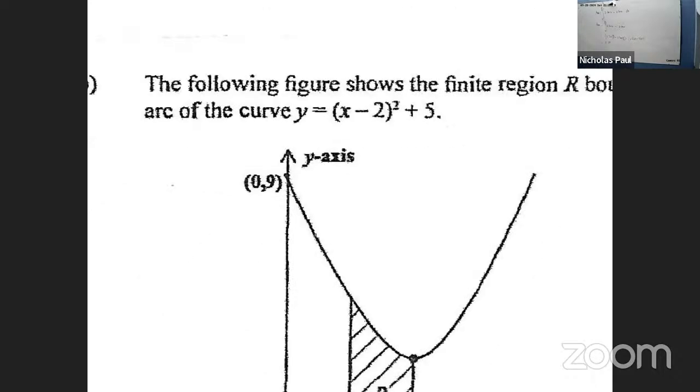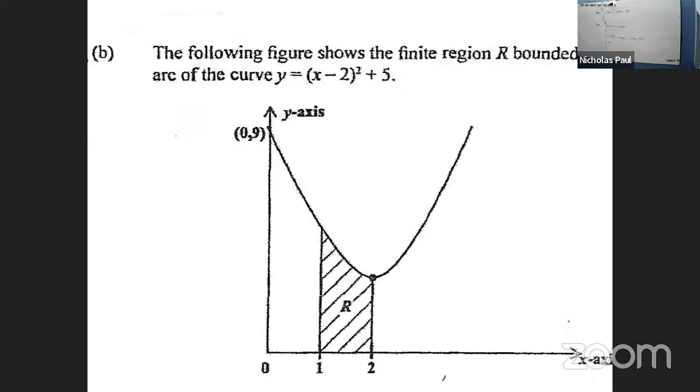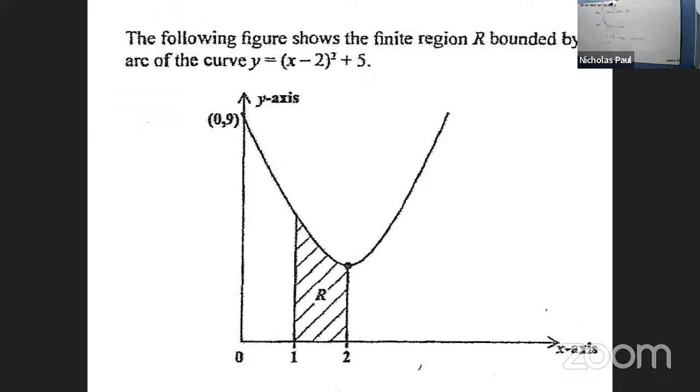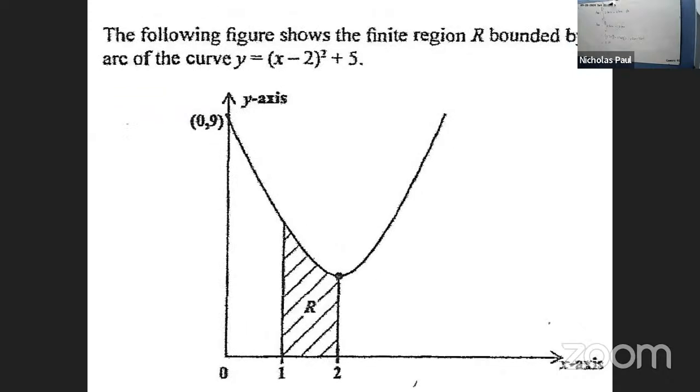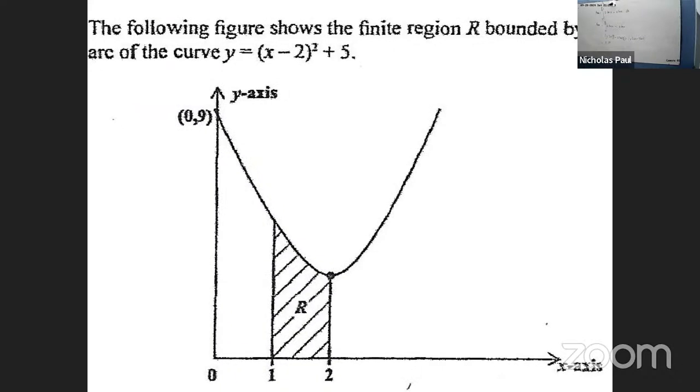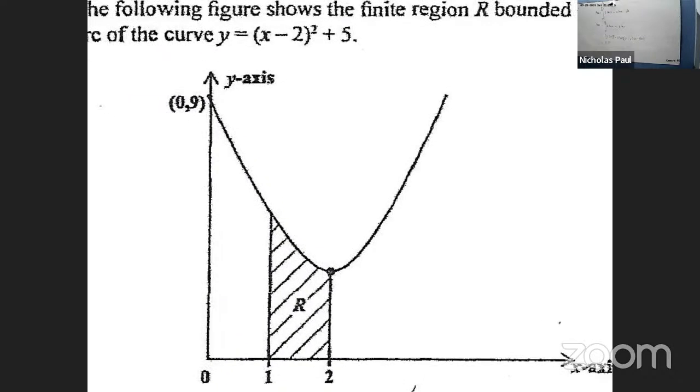Copy down fast. Right, and then find the area bounded between 1 and 2. The trick is you have to remember how to integrate things like this. Go ahead, have fun.